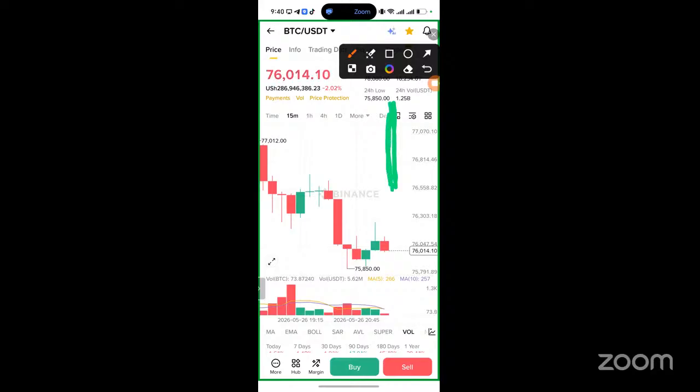The selling pressure is high. You can see, I'm talking about this candle here, the red candle. The selling pressure is now high. And now the sellers are taking it over.